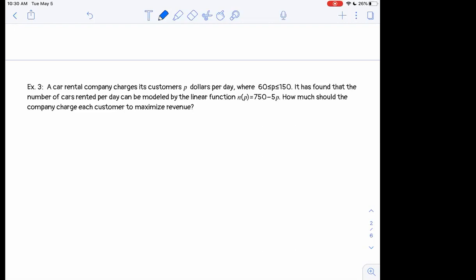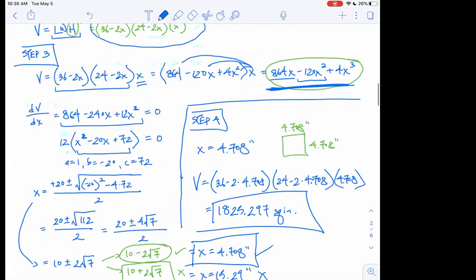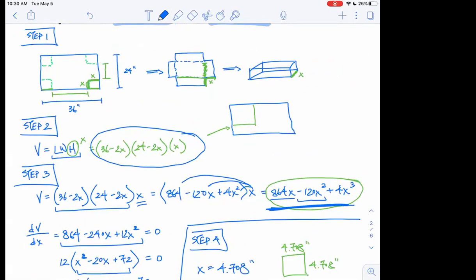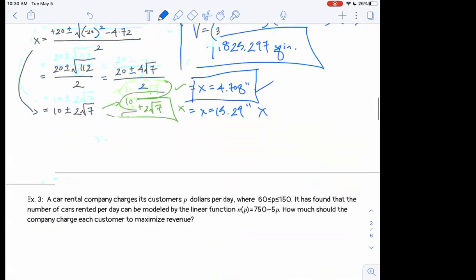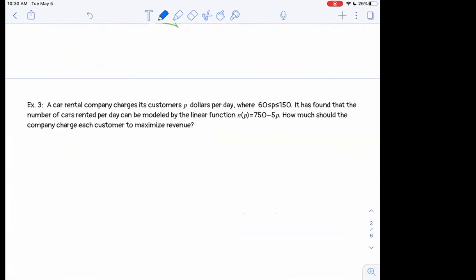You'll probably just go out and buy more fence. Or like in example number 2, you're probably not going to make your own box, but have a box that's already made. So sometimes these situations feel very contrived.